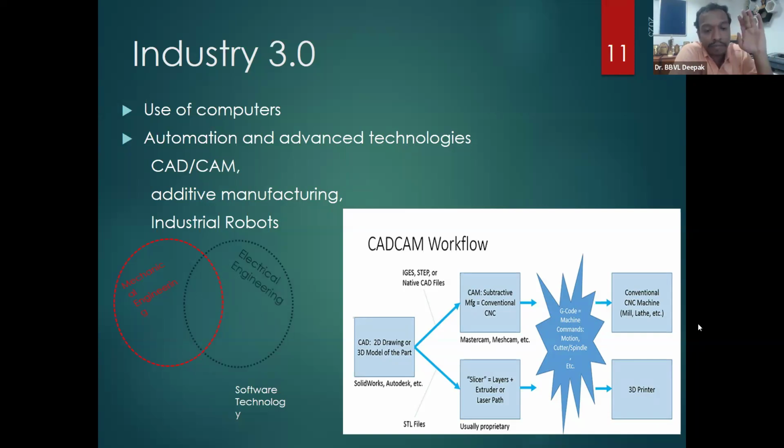Just like the example of a robot or a CNC system. For a robot, what is its mechanical structure, how many links, how many joints, what are the degrees of freedom, what is its workspace, what is its reach? You need to define this.